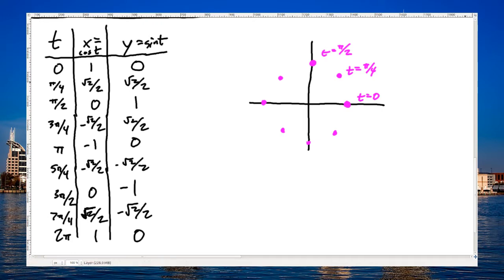Now, if you're not sure exactly what that's supposed to be, you could continue on plotting points, plug in more t values, and you get these intermediate points here, here, here. Take my word for it. And of course, at the end of the day, what are we dealing with? Well, remember, this is the shape where x is cosine, y is sine.